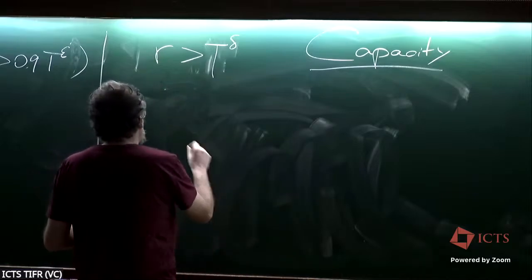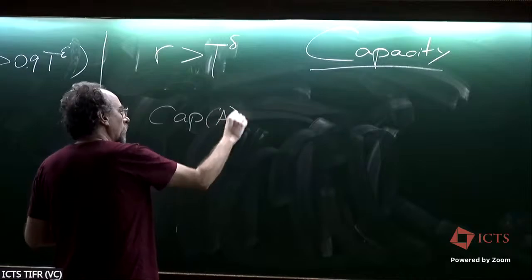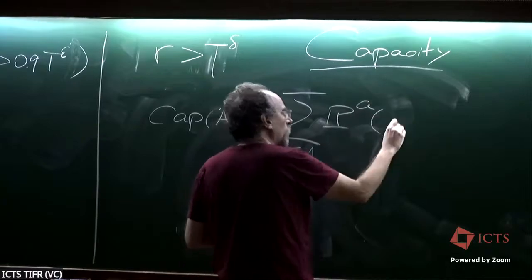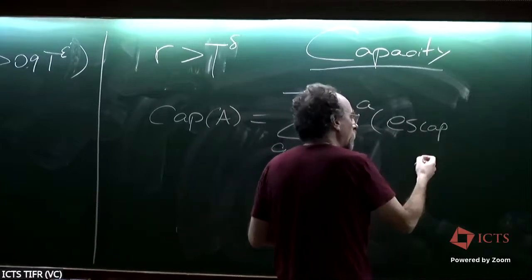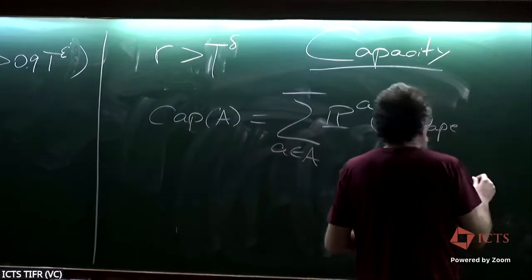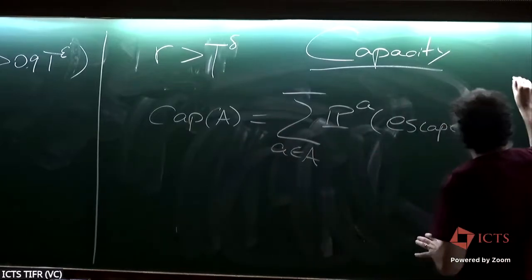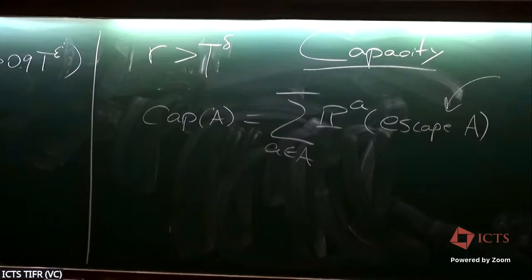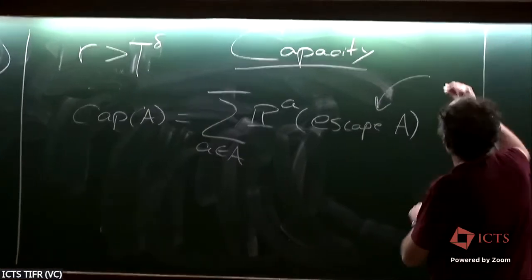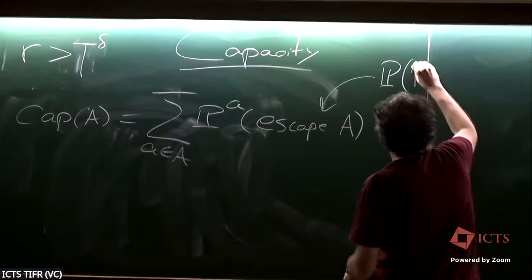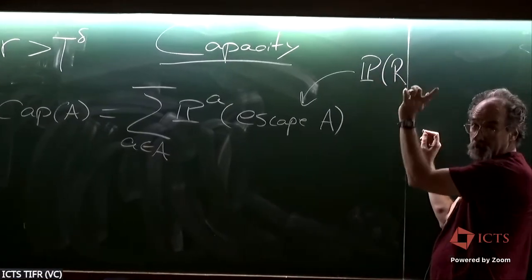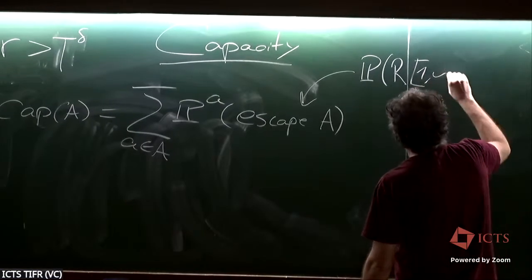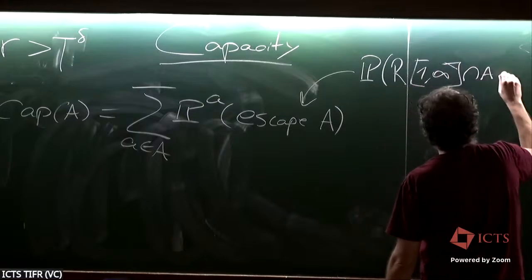So for me, the capacity of a set is just the sum over all the points of the set of the probability, when you start from that point, to escape A. This is the random walk capacity, the usual capacity. Escaping A means simply that the random walk, okay, I'm using R for random walk, W is the process, R is just simple random walk of the type we all like, does not intersect it.